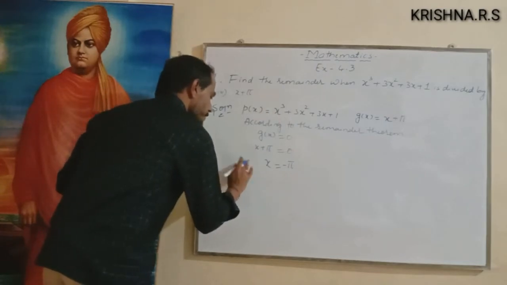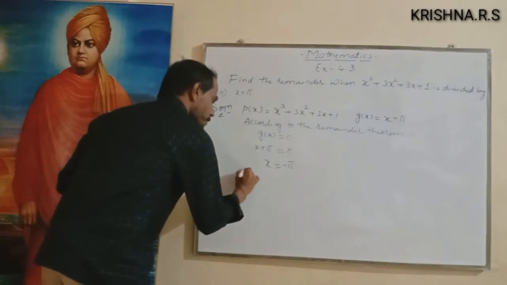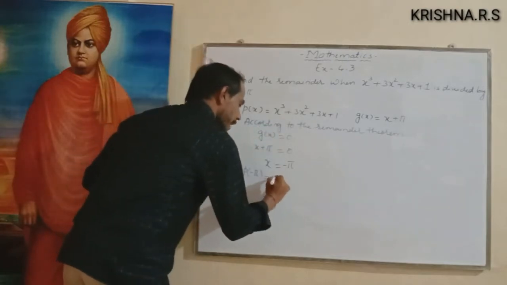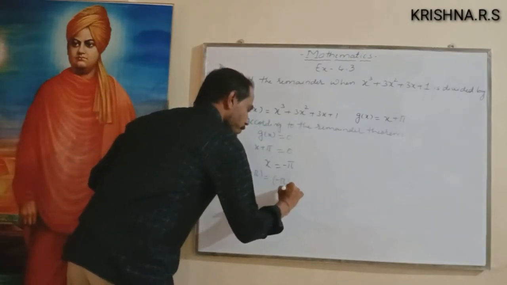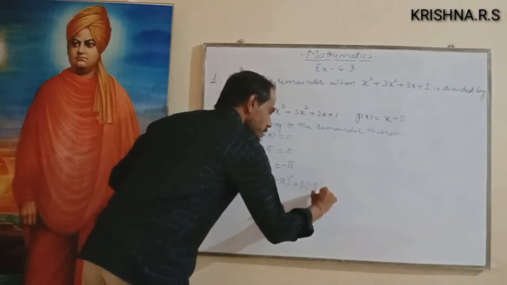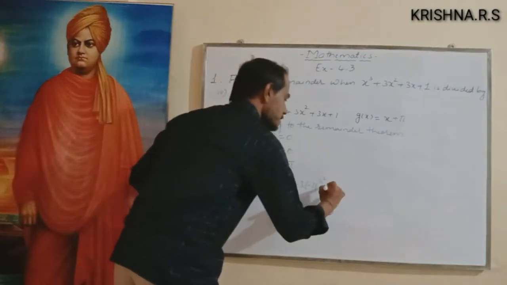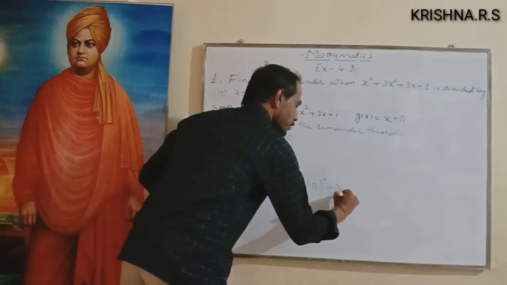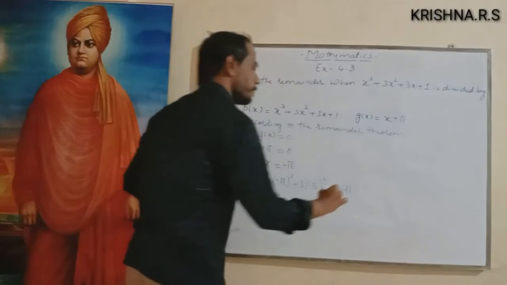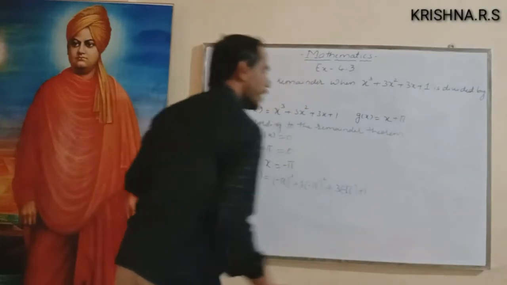p of minus pi is equal to x cube, minus pi cube, plus 3 into minus pi square, plus 3 into minus pi, plus 1.